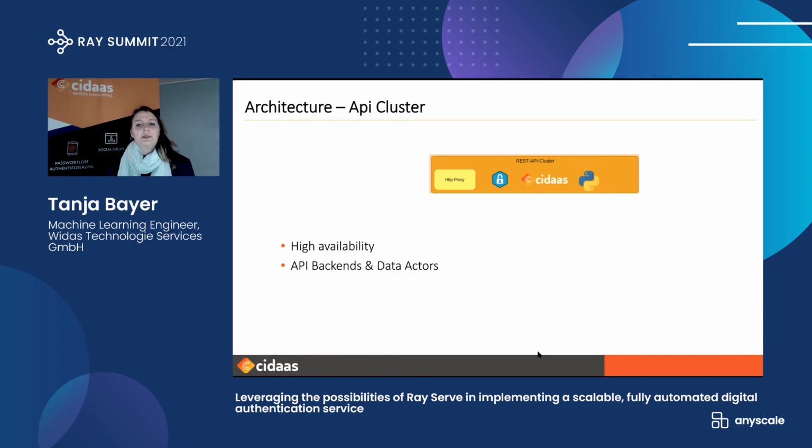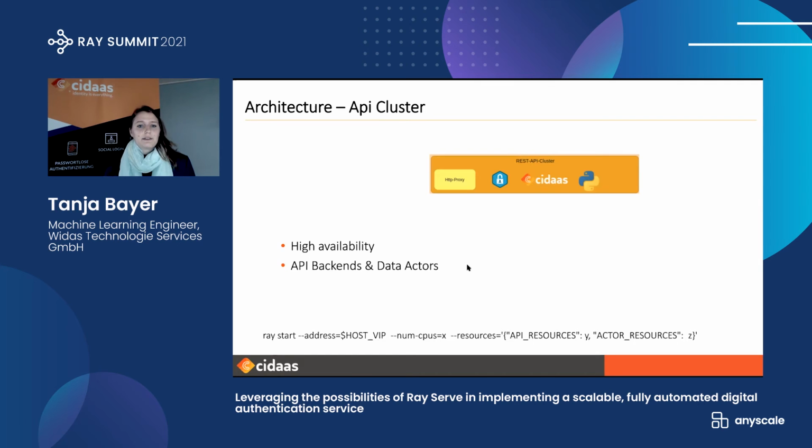Also on this API cluster, we have some data actors, which I will go into detail on in the next slide. They're actually there for synchronizing tasks between all the clusters and for sharing some data. They also need to be highly available, and that's why we also put them on this cluster.